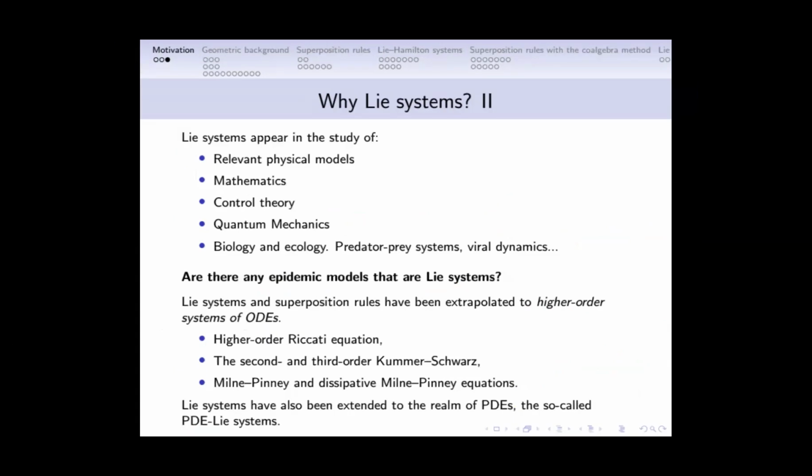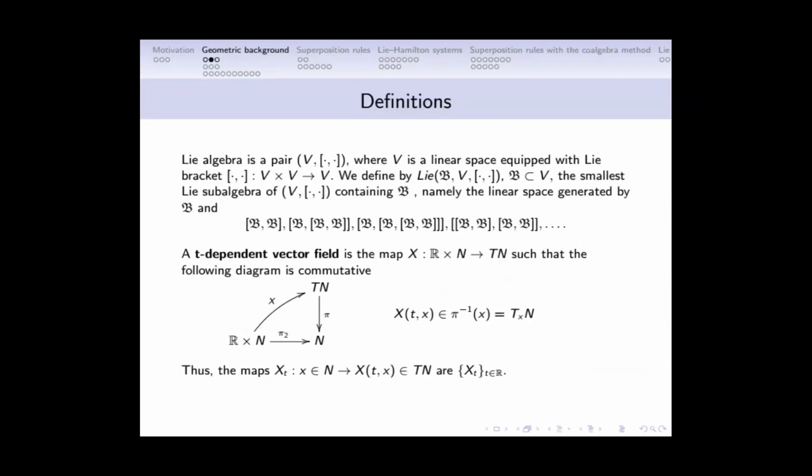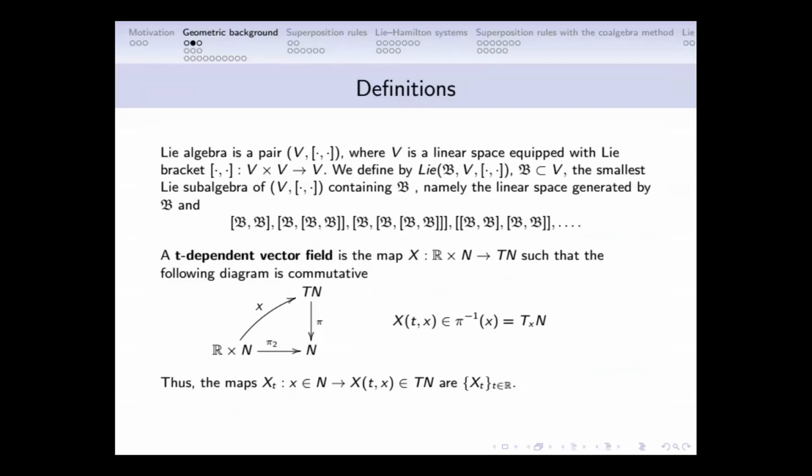Okay, so I'm going to tell you a bit of geometric fundamentals about Lie systems. This is the notation I'm going to use. I'm going to use a Lie algebra, which is a pair, as we know, of a vector space equipped with a bilinear bracket.